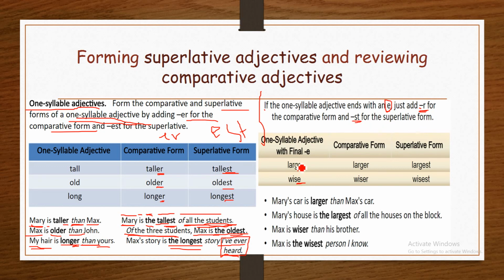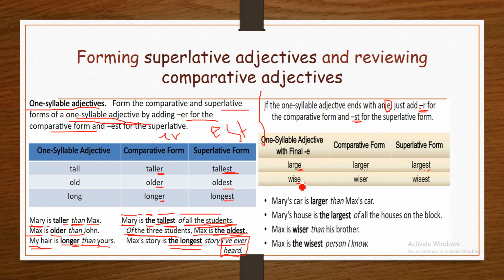For example, we have two one-syllable adjectives that end with E: large and wise. For the comparative form, as we said, we just add R. We have the E, we just add R: large, larger. For the superlative form, we add st: large, larger, largest.